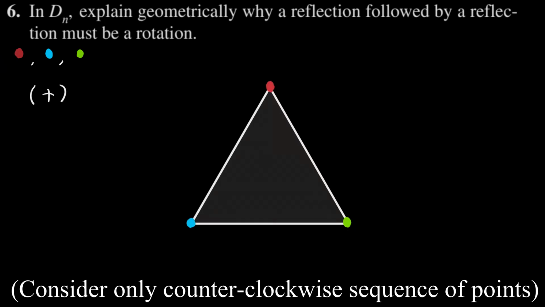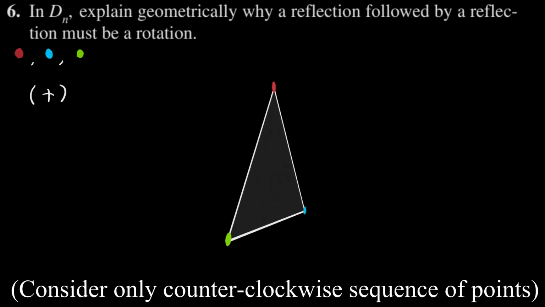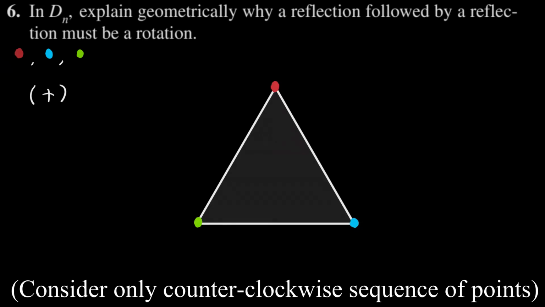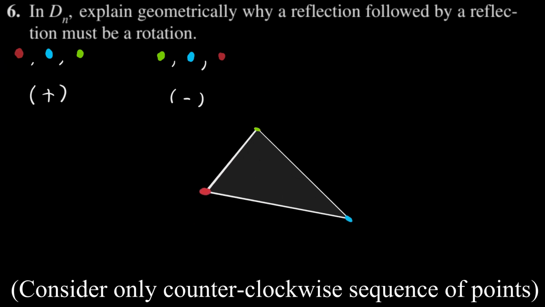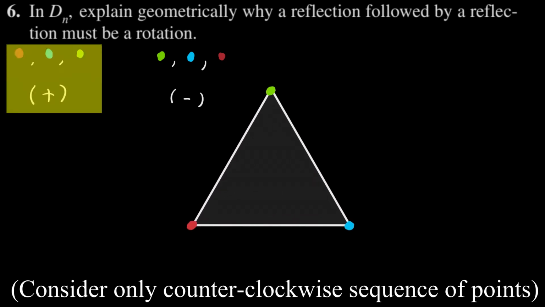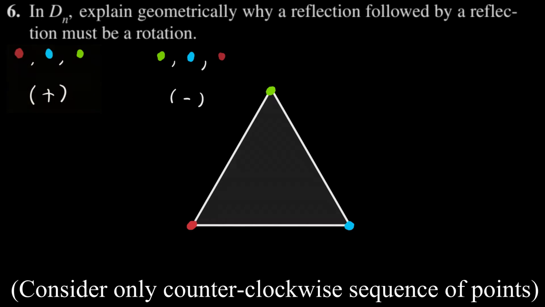If we do some kind of reflection, it'll reverse that order, so we'll get, I think, green, blue, and red. And then if we reflect a different way, then we get our positive order back. We get red, blue, and green.